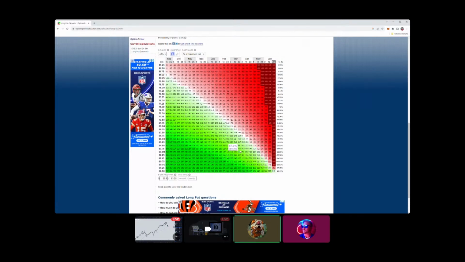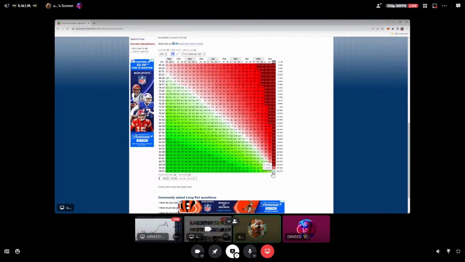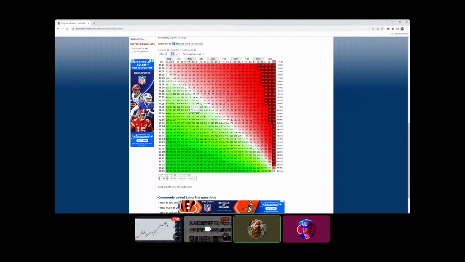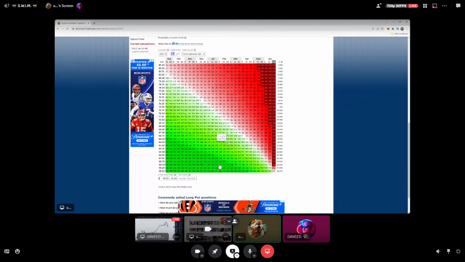Essentially, you get this nice graph to see how the delta and theta is going to affect you. On expiration day, if you sell it that day, you still get 9%, but that's it. If it hits 58.50 on the expiration date, you can see where it's got to be for you to do okay.